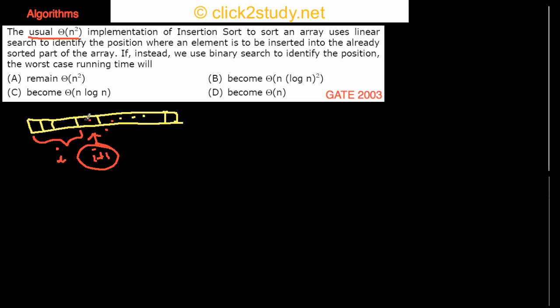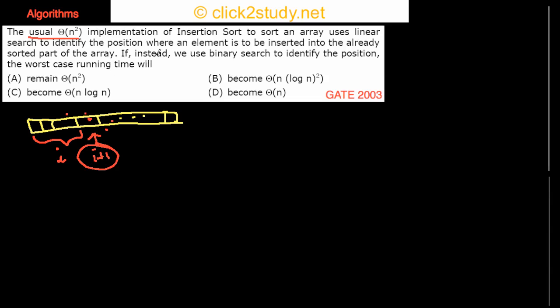How do you find the right position? What you do usually is linear search. You compare this with the element here, and if this one is smaller, then you swap them. Then you keep on comparing until it finds its right position, which gives you the theta n square implementation.